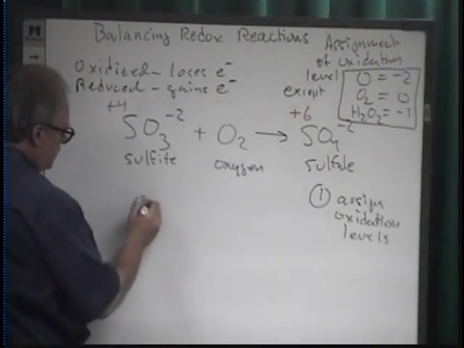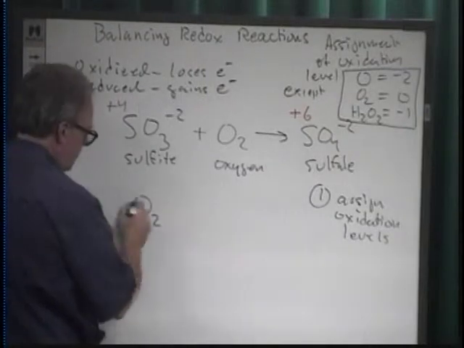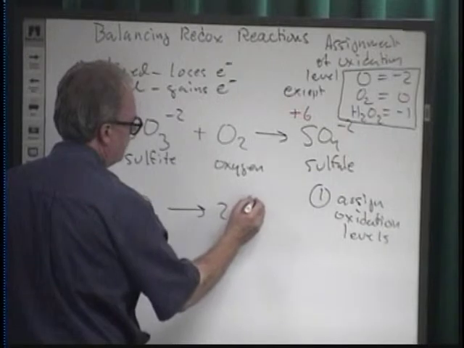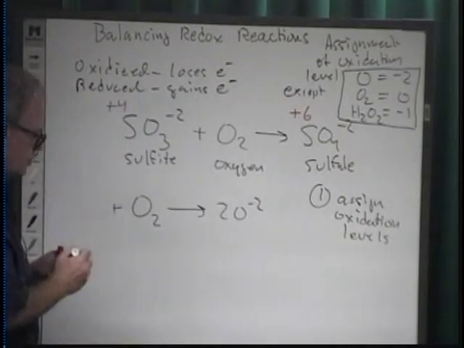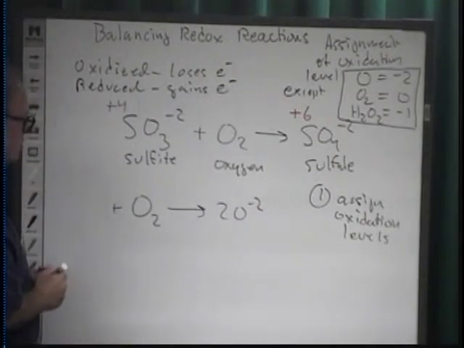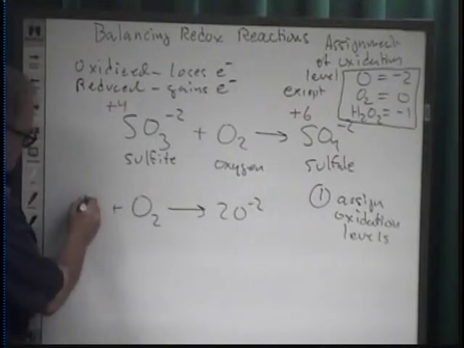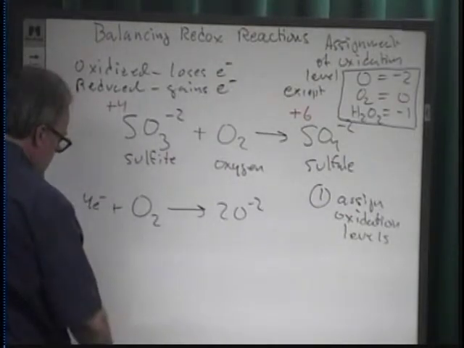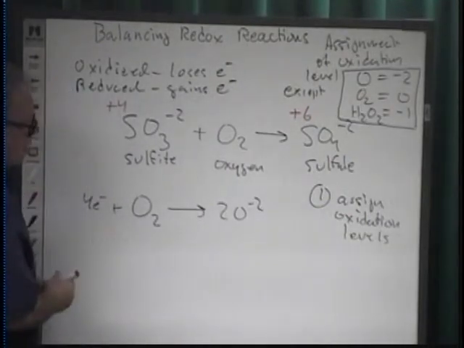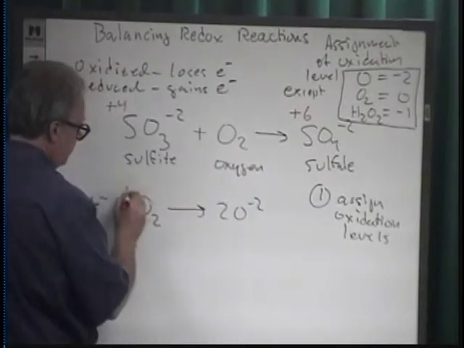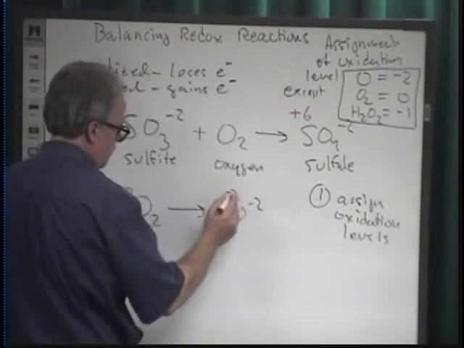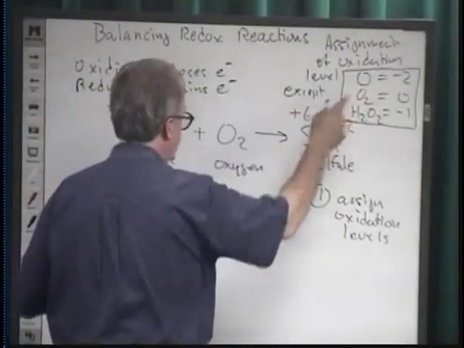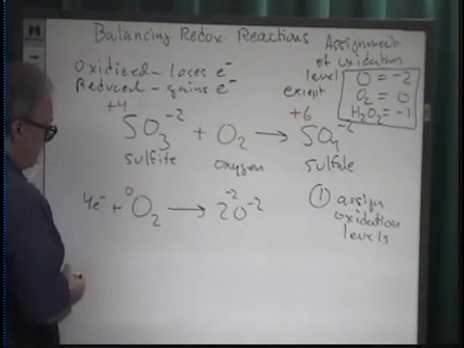Now molecular oxygen, O2, can take on some electrons and go to 2 oxygen anions like that, and that's going to take 4 electrons, okay, because the oxidation level of molecular oxygen, as we mentioned, is 0. The oxidation level of all other oxygens except peroxides is -2. Okay?